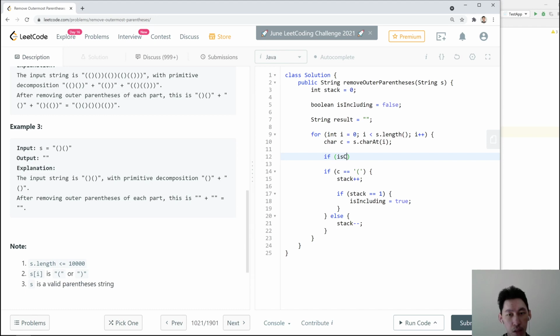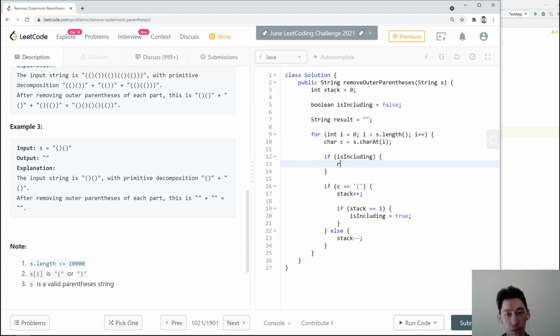So if we are including the thing, then the result needs to be populated with this. Once we have reached the end and we know that this thing is 0, this including needs to be false.